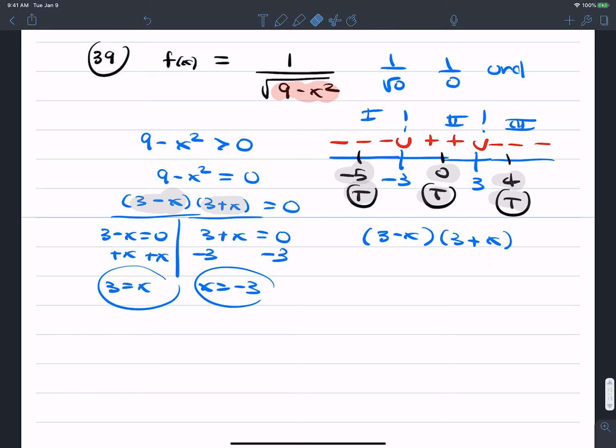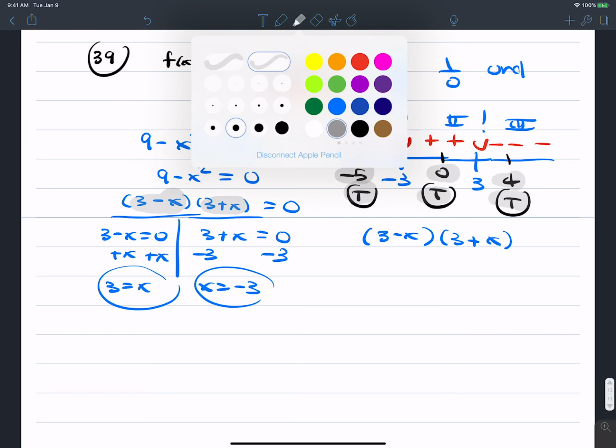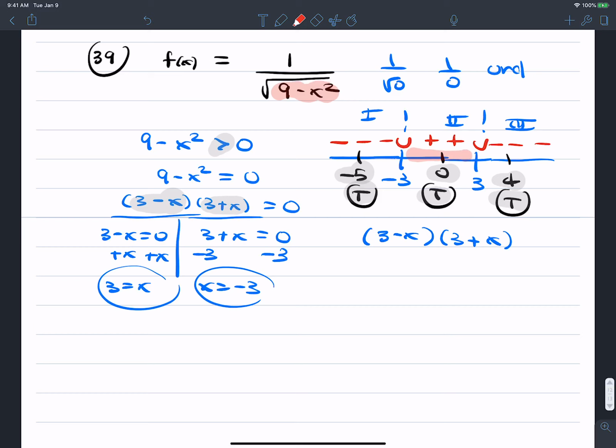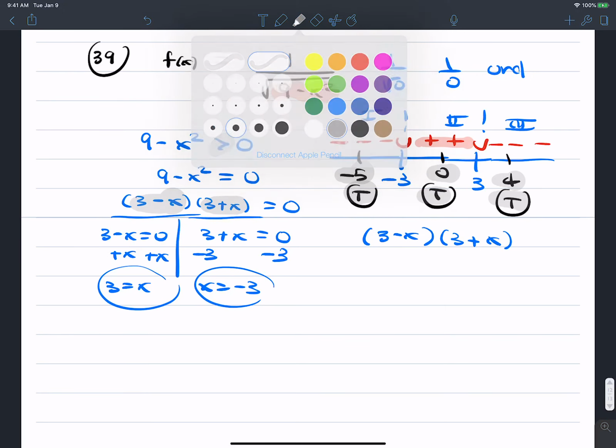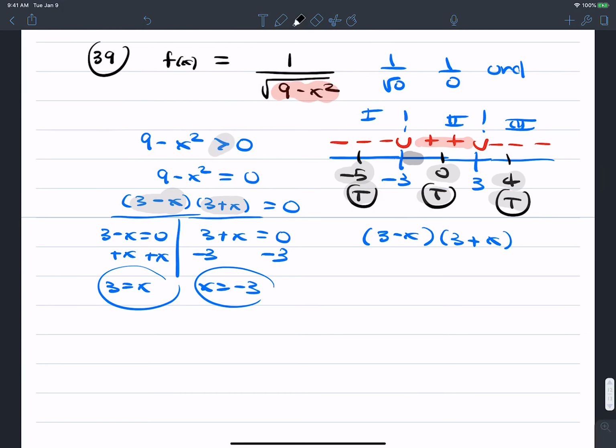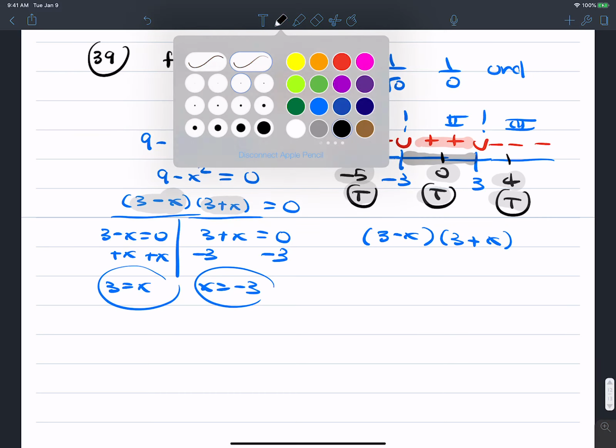Now go back. We want where this product here is positive, greater than 0. Region 2 is your positive region. Now remember, we can't have it equal to 0, so we don't include the -3 or the +3 in our answer. So what I'm going to say here is, let's go back. Region 2 is positive. We're only going to shade numbers between -3 and +3, and we don't include the endpoints of -3 and +3.